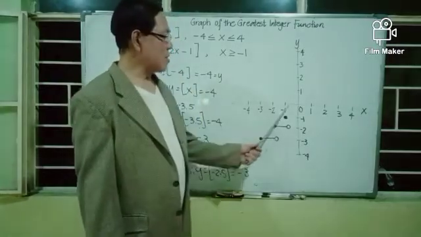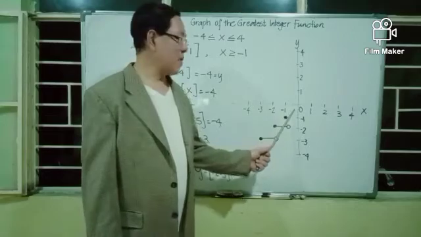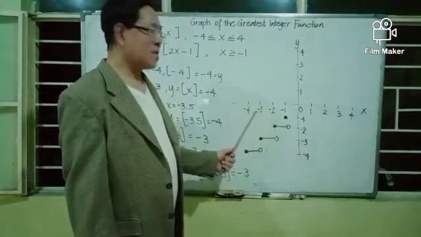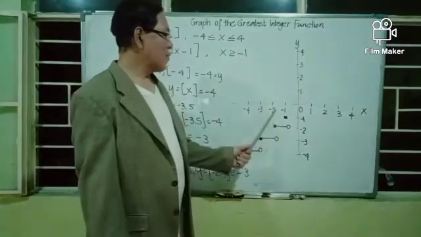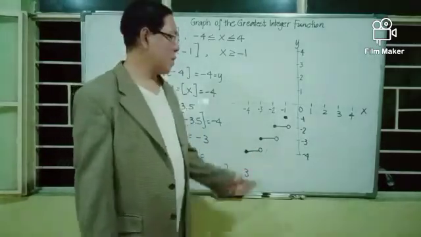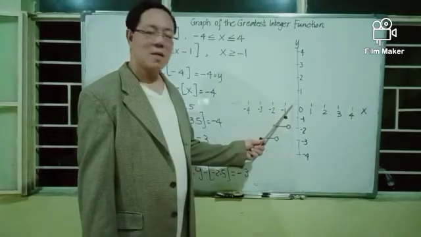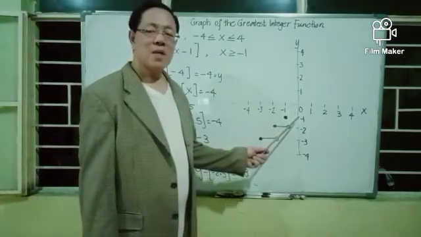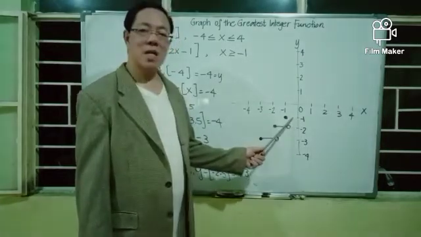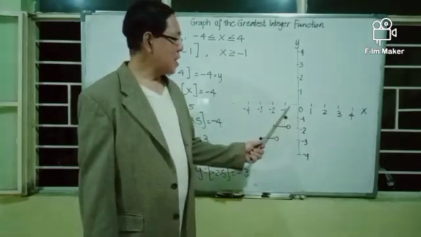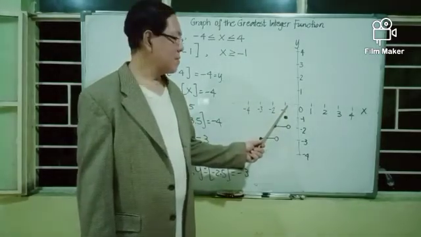The integers less than negative 0.5 are negative 1, negative 2, negative 3, down to negative infinity, but the largest of these integers is negative 1. So the floor of negative 0.5 is negative 1.